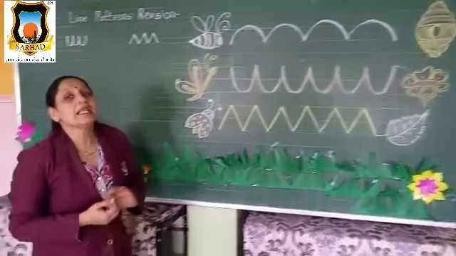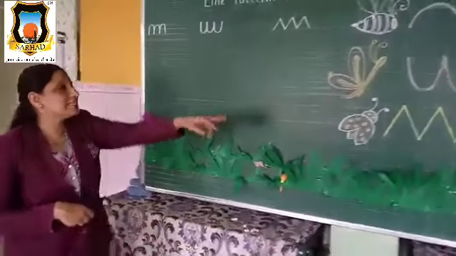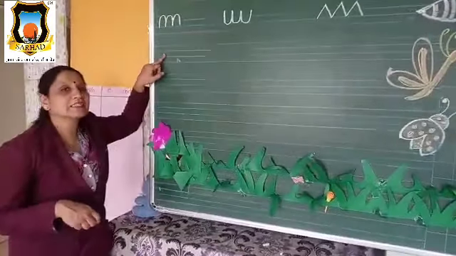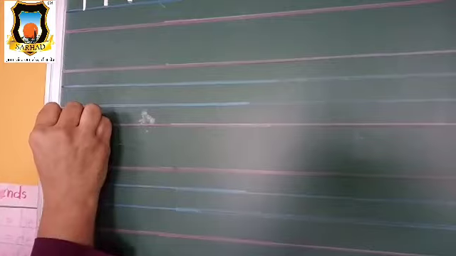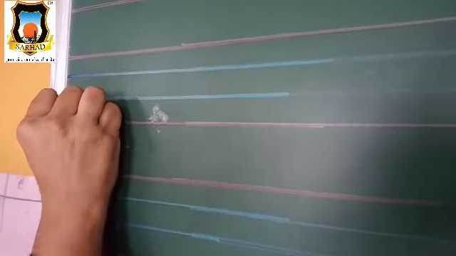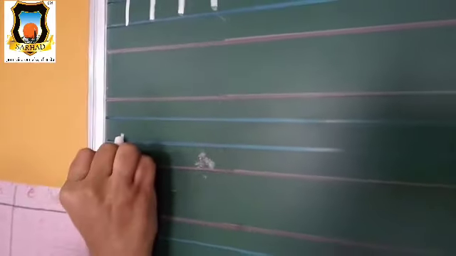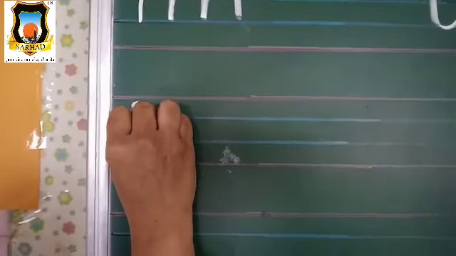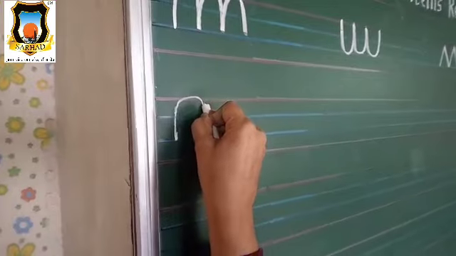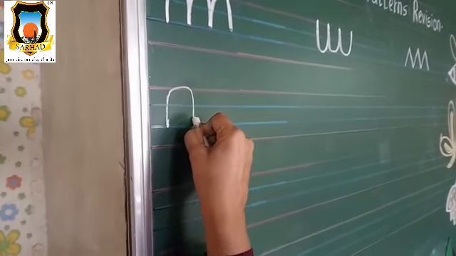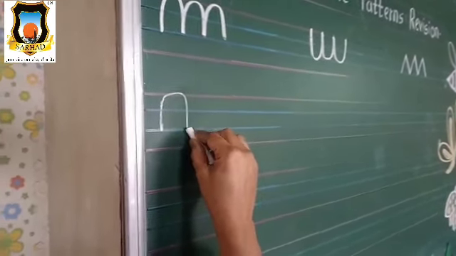Now children, let's see how to write these line patterns in four lines. So look at me. Look at the blackboard. Put your pencil on the blue line. Go up. Draw a hump like this and draw again a standing line, touch on the second blue line. Very good.